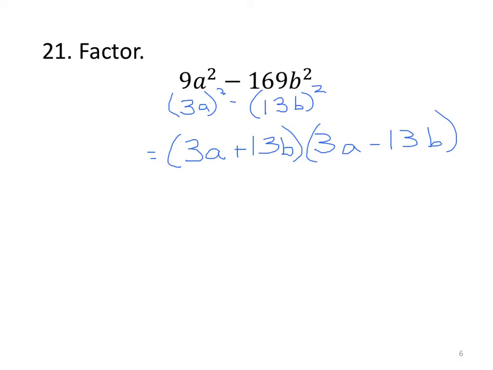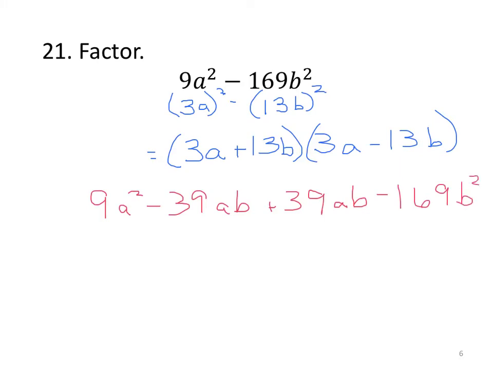We FOIL it by multiplying the first terms, then the outer terms, then the inner terms, and then the last terms. And you can see that the inner two terms here, negative 39ab plus 39ab, cancel, and you're left with 9a squared minus 169b squared, which is what you started with.